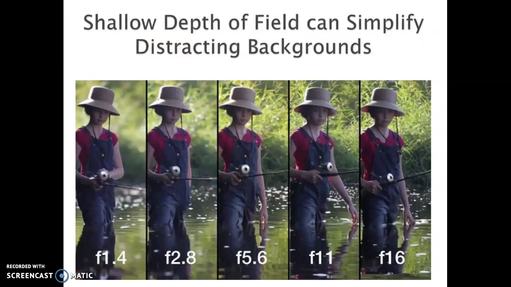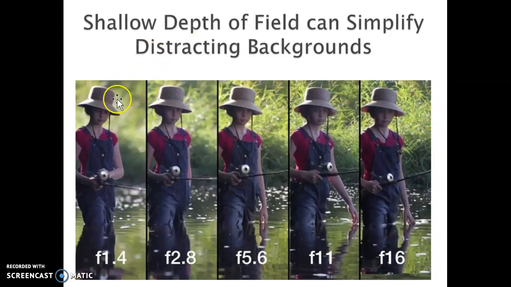One thing that you might want to consider though is how you might use a shallow depth of field, a larger aperture like an f1.4 or a 2.8, to get more emphasis on your subject matter, okay? So you can see there's a lot of texture and everything going on in the background.